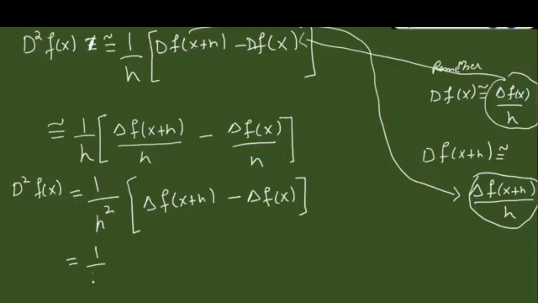So 1 over h square is as it is, and I am just applying forward difference on this point. So it will expand this term. I will get f of x plus 2h. Why 2h? Because the forward value of this data is f of x plus 2h.